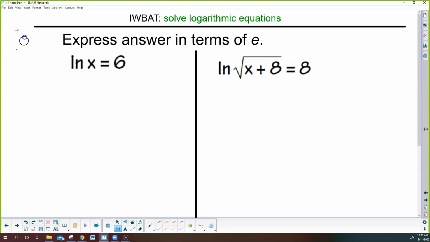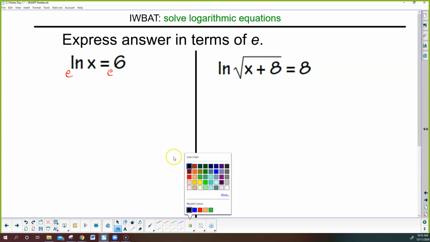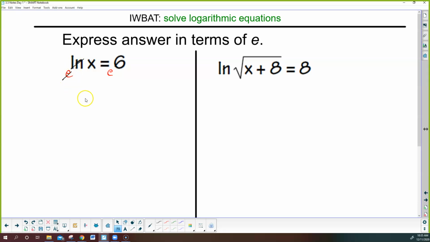So, knowing that, one way to get rid of this natural log is to raise both sides to the power of e. Which, what happens is the natural log and base e go away. And then my answer is e to the power of 6.